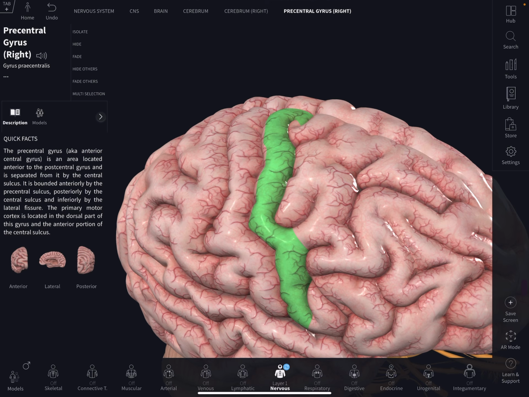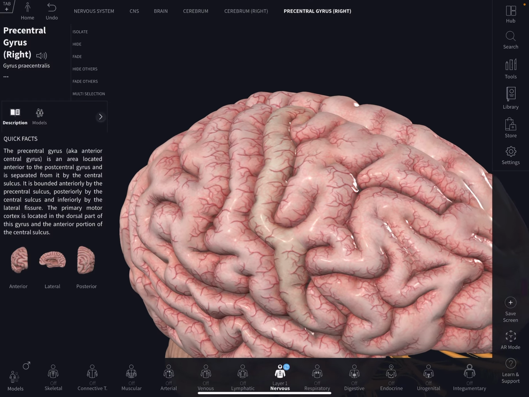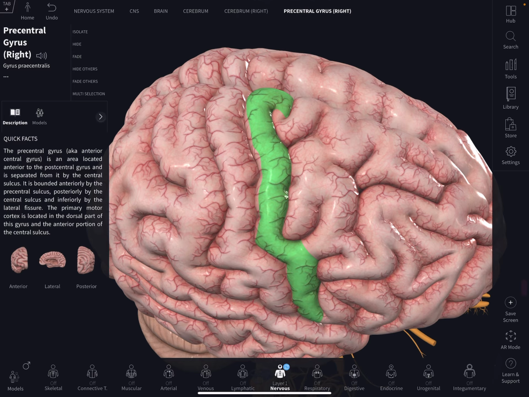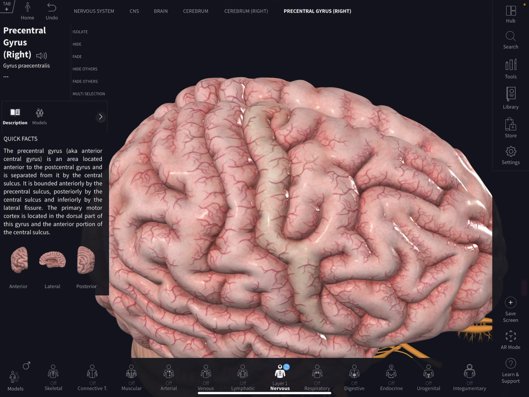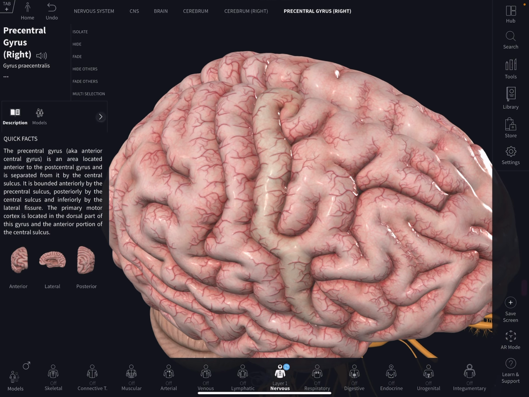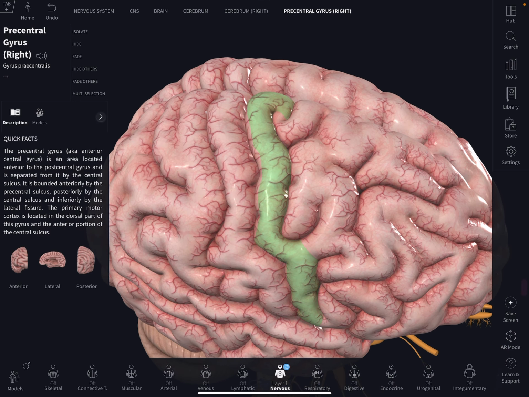Now, what's motor activity? Motor activity is controlling things like your hands, your feet, your muscles, etc. And there's something wild about this gyrus, that there's something called the homunculus. The homunculus is this representation of the body on there.